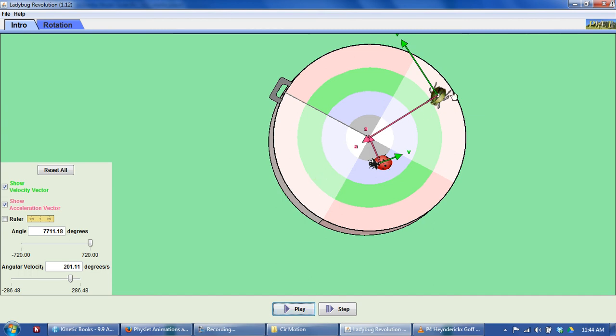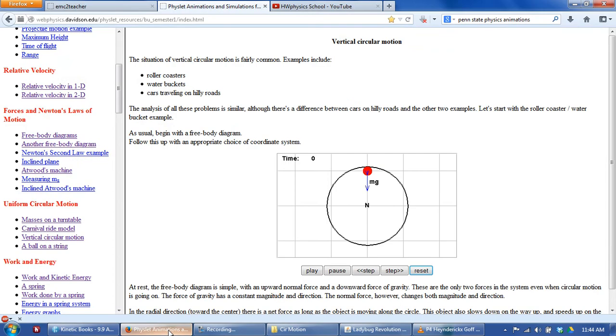To them, because their inertia wants to continue in that straight line, they want to be in an inertial frame of reference, not an accelerated frame of reference. That fictitious force feels as if they're being pulled outwards, when they're not. They're being pulled into the center because of the net force on them causing them to accelerate in the center.